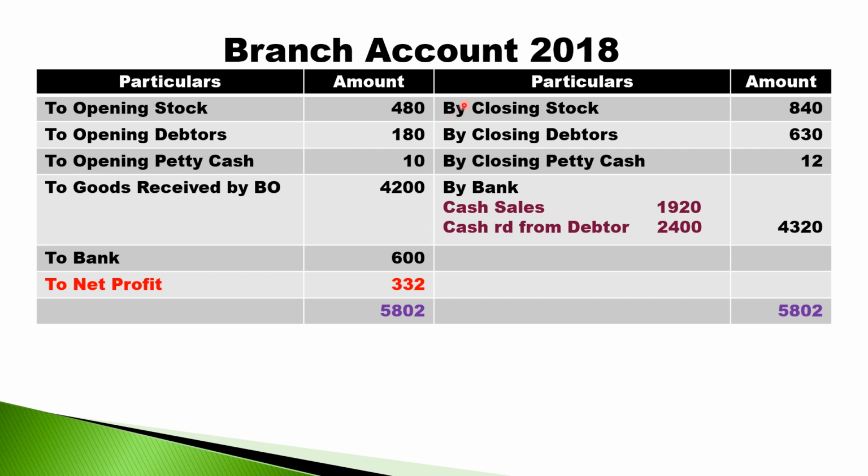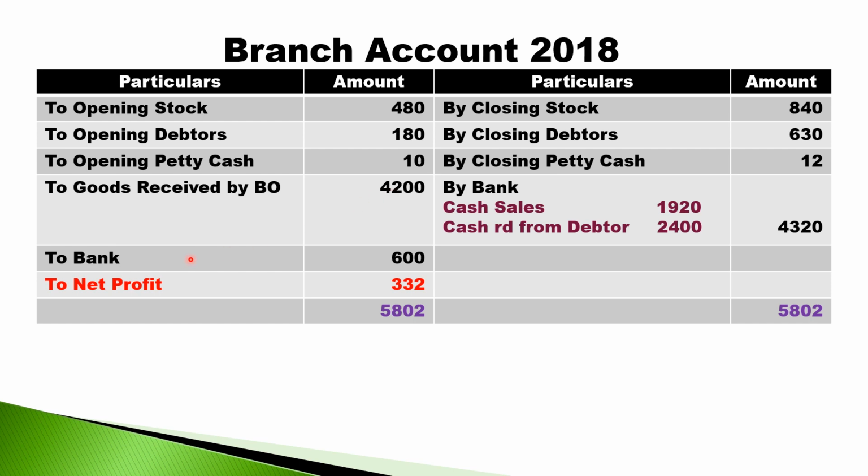So students, branch account of 2018: the closing stock of 2017 will be the opening stock of 2018, 480. Closing debtor of 2017 will be the opening debtor of 2018, 180. Closing petty cash of 2017 will be the opening petty cash of 2018, 10 rupees. Goods received by the branch 4200.